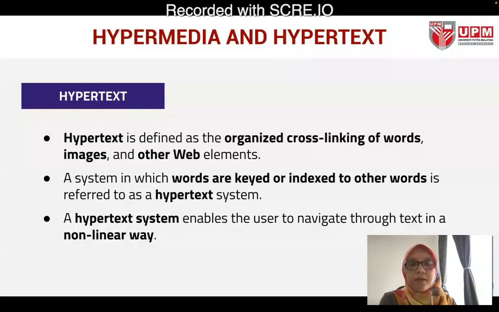Hypertext is defined as the organized cross-linking of words, images, and other web elements. A system in which words are keyed or indexed to other words is referred to as a hypertext system. A hypertext system enables the user to navigate through text in a non-linear way.